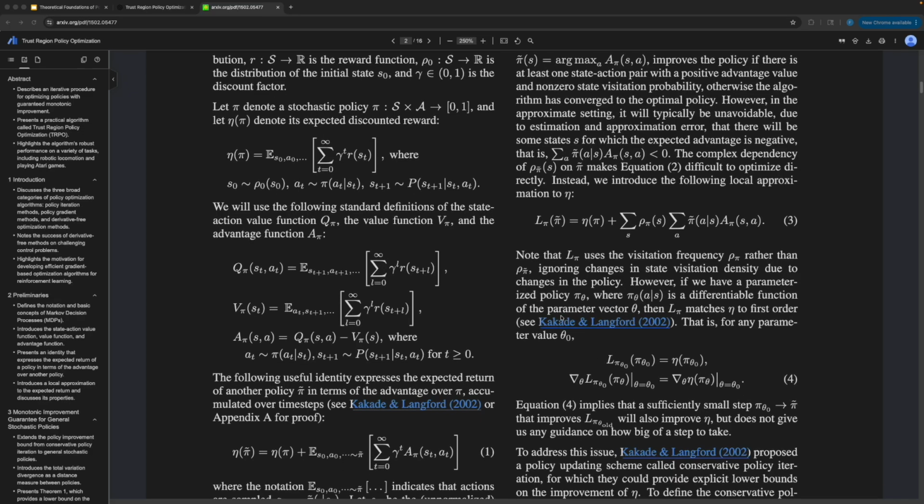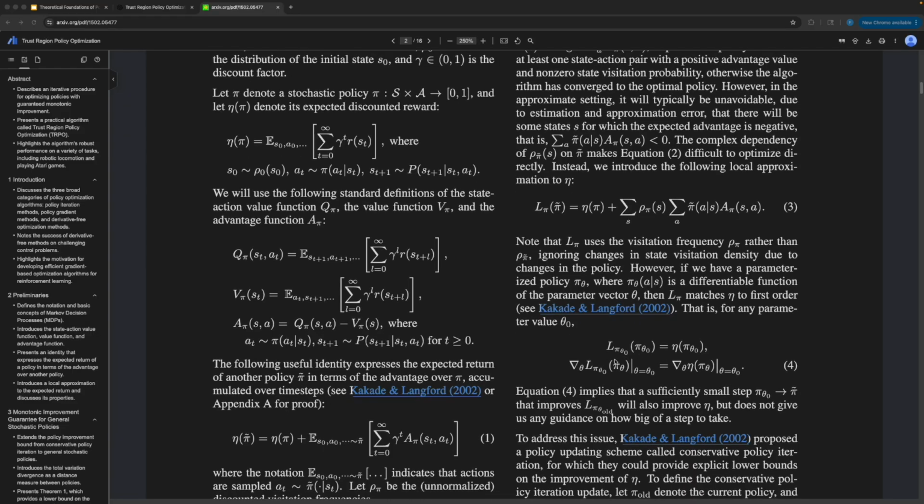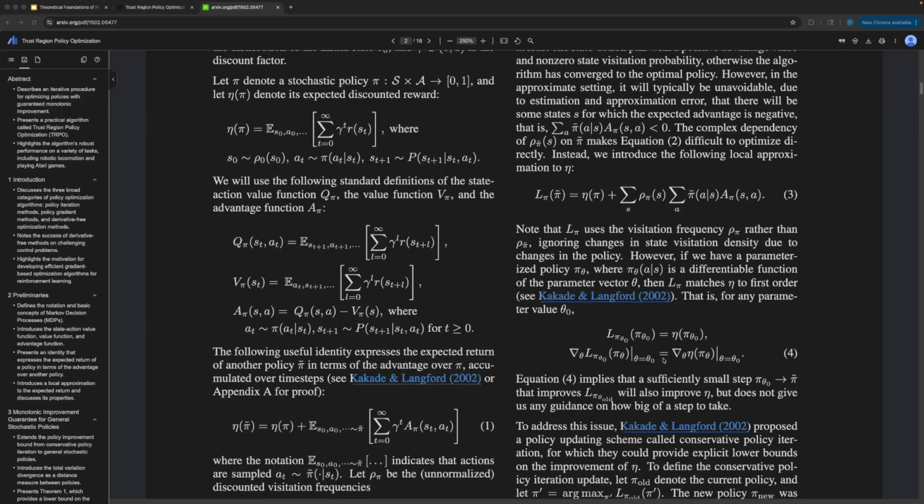Basically, if π̃ is equal to π, this surrogate is equal to your performance parameter, of which it's an approximation, and it's also equal in derivatives when evaluated at π̃ equal to π, which means that at least at first order, it's a first order approximation of your performance function.